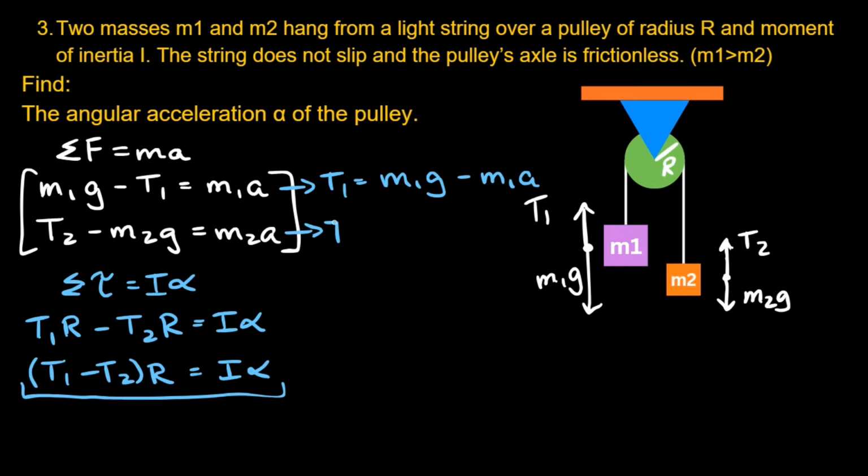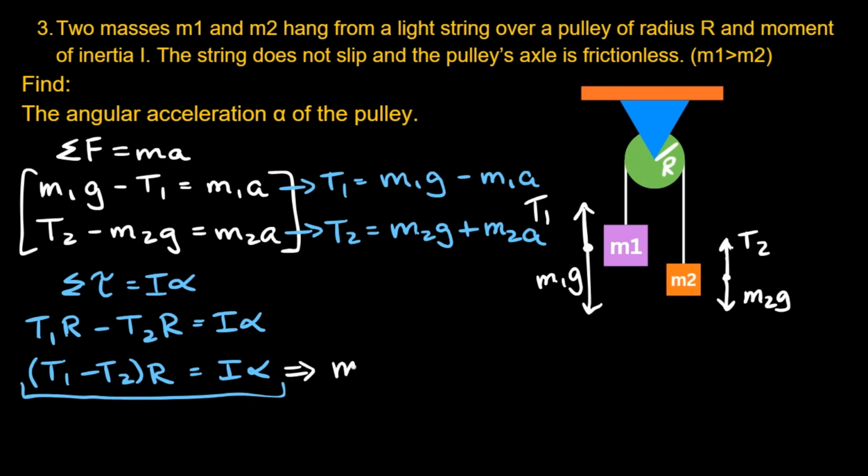So if we rewrite this equation for the forces acting on m1, we get that T1 is equal to m1g minus m1a. And for T2, if we rearrange this equation, we get T2 is equal to m2g plus m2a.